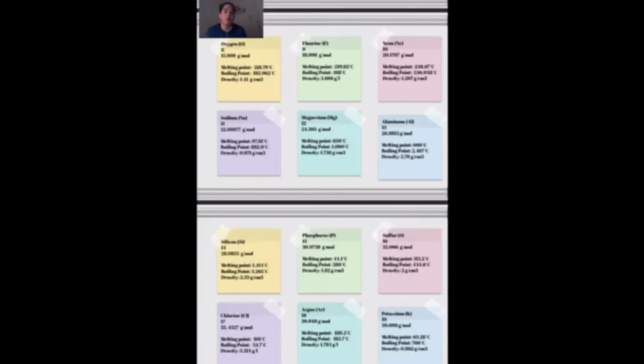Potassium, atomic number 19, atomic mass 39.098 grams per mole, melting point 63.28 degrees Celsius, boiling point 760 degrees Celsius, density 0.862 grams per cm3.